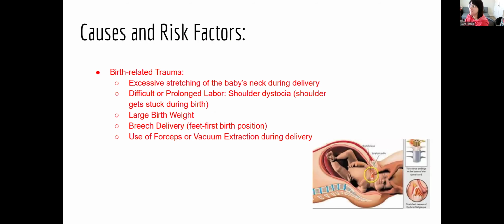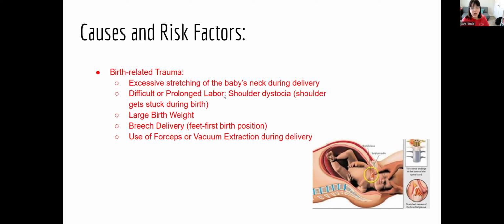So then causes and risk factors. This is a birth-related trauma that does happen at birth. And this happens because of excessive stretching of the baby's neck during delivery, difficulty or prolonged labor, which is just shoulder dystocia, which is when the shoulder gets stuck during birth. It can also happen because of a large birth weight.